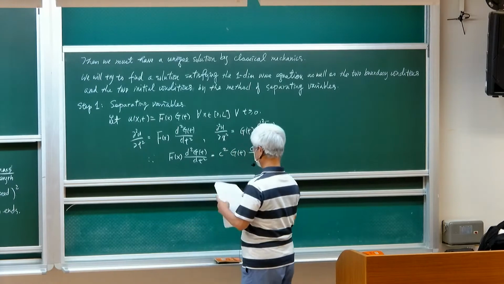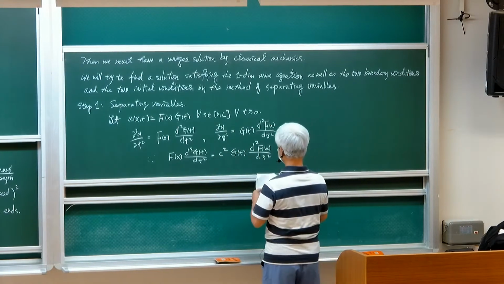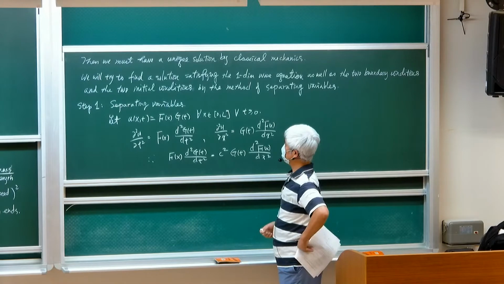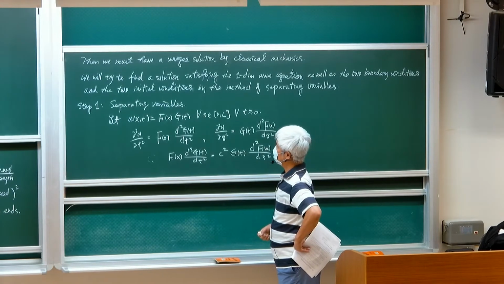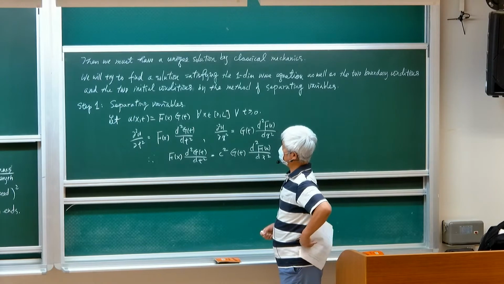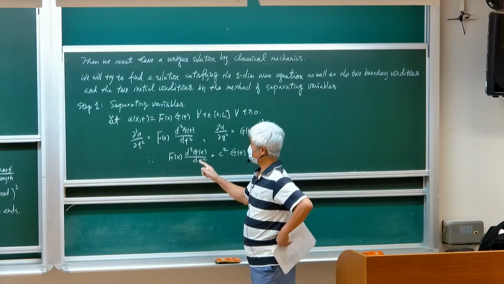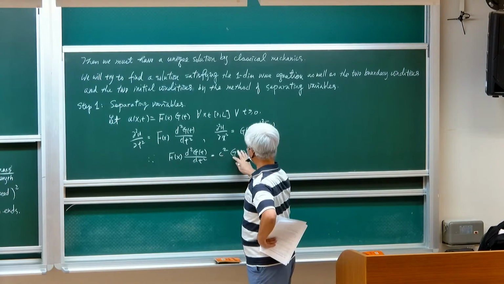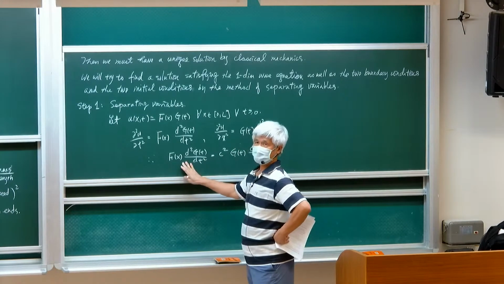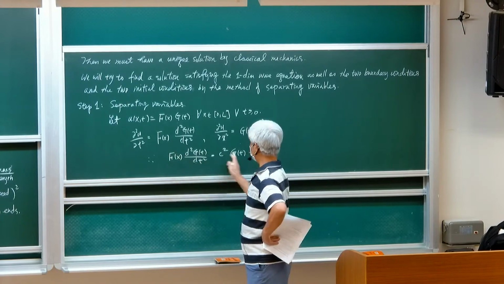The advantage of separating variables is that because they are separable, now we can move g of t to the left-hand side and f of x to the right-hand side.